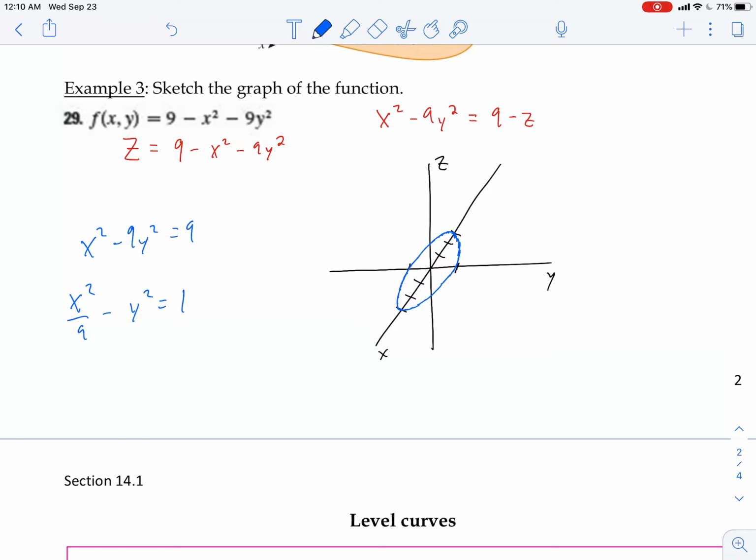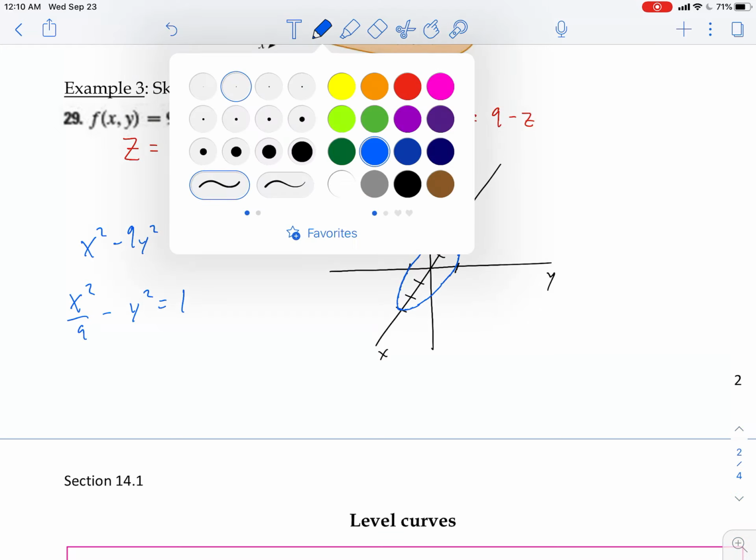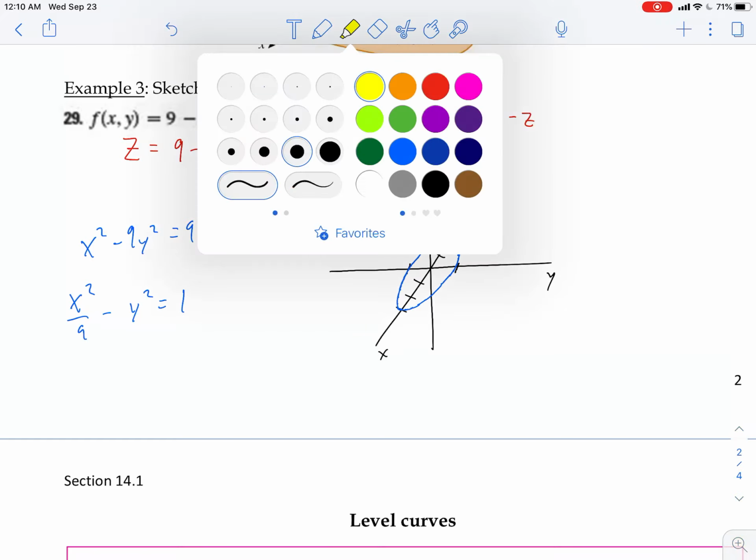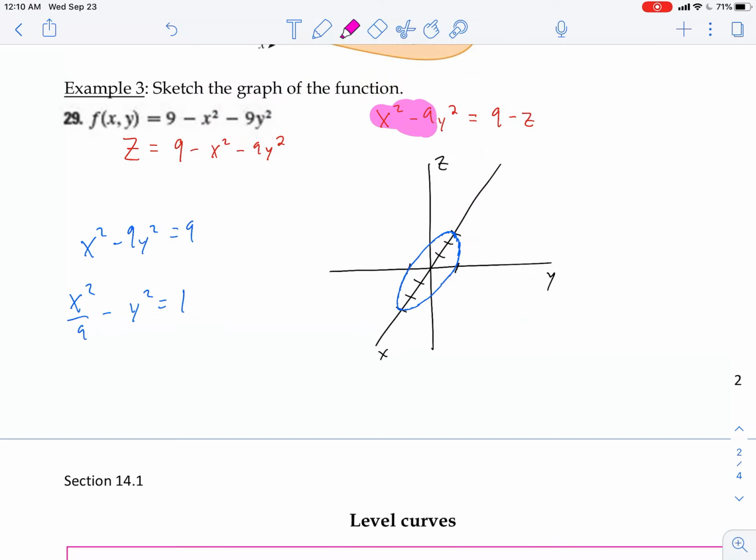And then if our x squared and y squared were 0, our z value would just give us 9.